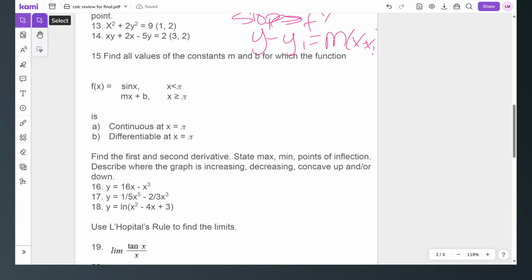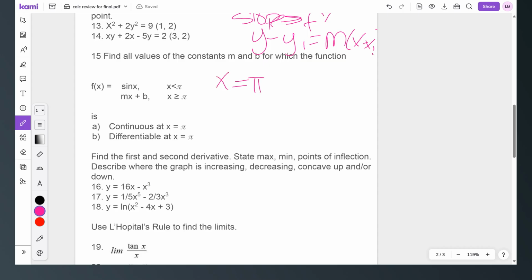All right, so for this one, find all constants m and b where the function's continuous and differentiable. First of all, to be differentiable, it has to be continuous. So to be continuous, they have to meet at the x value. So they have to meet when x is pi. So they have to have the same y value, so we set those equal to each other. Plug in pi for x, and you're going to get an expression.